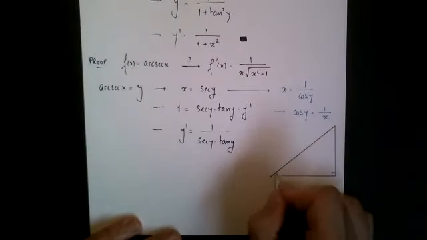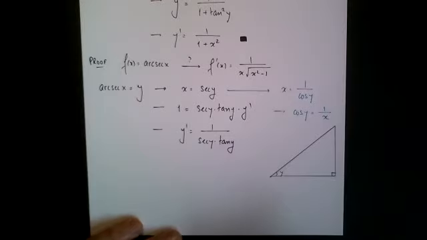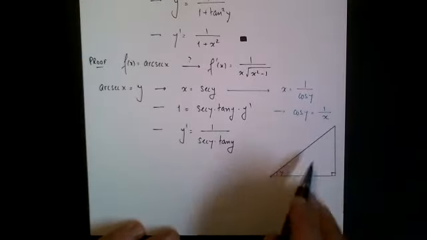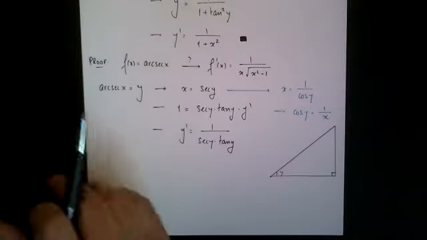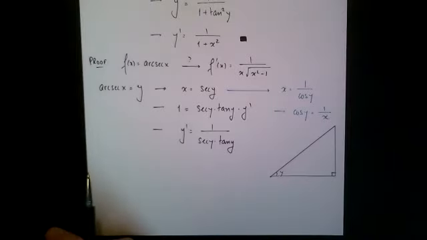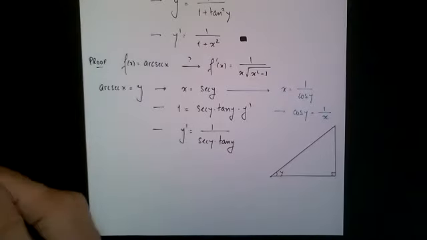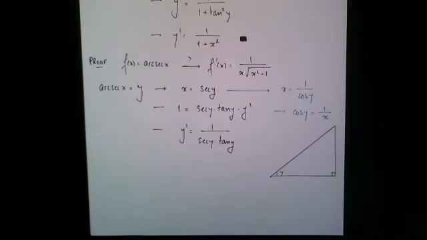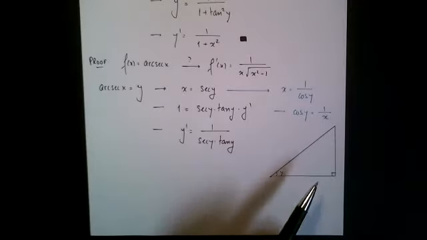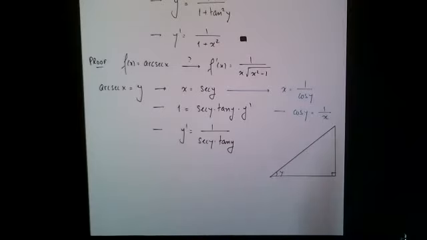90 degrees, y, and can you tell me where I'm going to place the x and the 1 here? Cos of y is 1 over x. So how should I label my triangle?